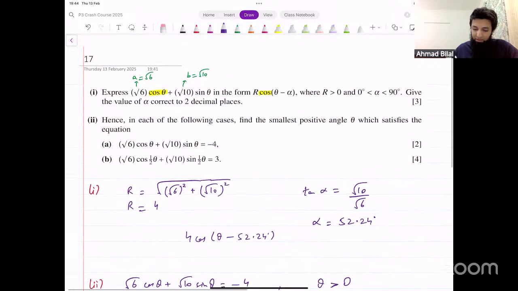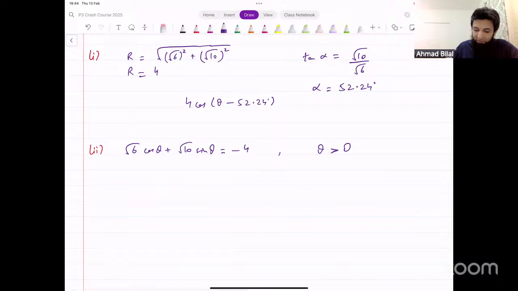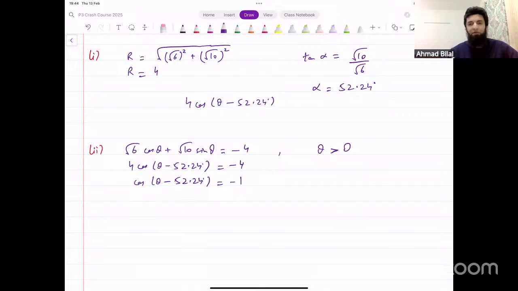We can write the left-hand side as 4 cos of theta minus 52.24 degrees equals minus 4. And then cos of theta minus 52.24 degrees equals minus 1. That's the equation that we need to solve.